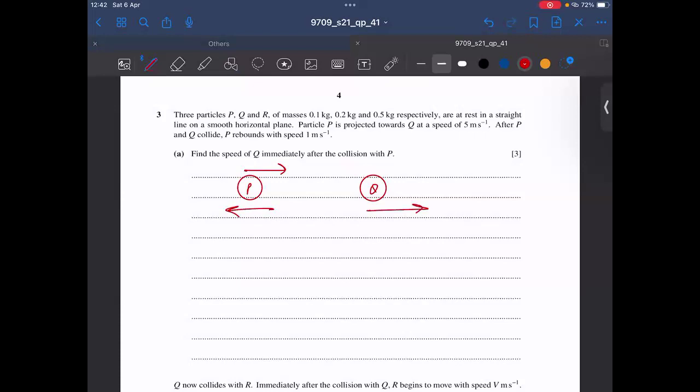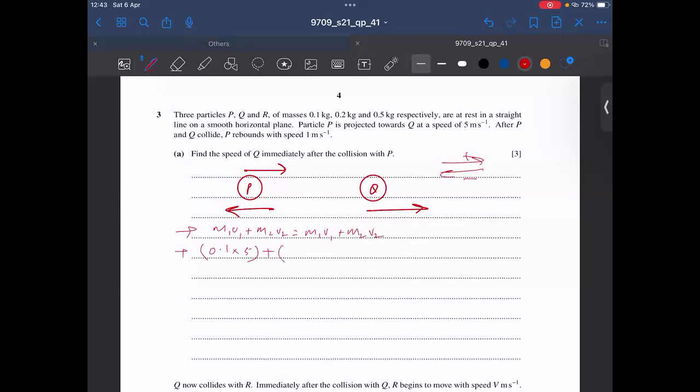So, okay, let's move on. Let's do the working. I'm going to use the law of conservation of momentum. So I have M1 U1 plus M2 U2 equals M1 V1 plus M2 V2. I'm going to take right as positive, left as negative. So M of P is 0.1 times 5, and speed of P is towards right, taken as positive.